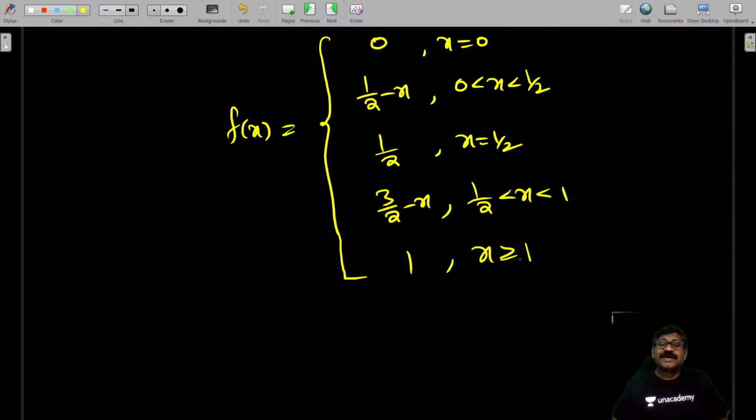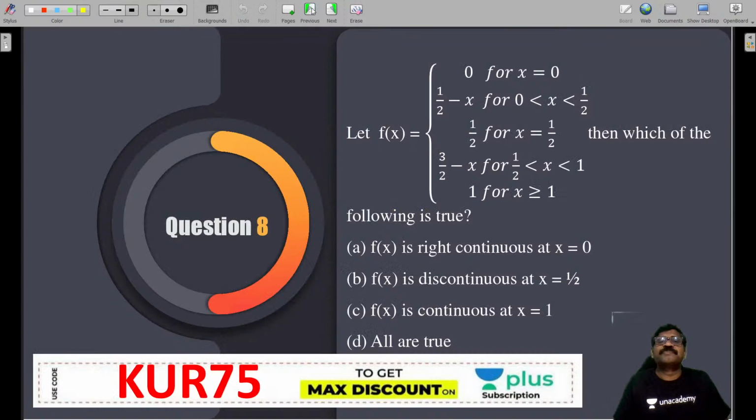Now we have to examine option wise. F of x is right continuous at x equal to 0. Whether f of x is right continuous at x equal to 0 or not, we have to examine. Observe, functional value at 0 is 0.